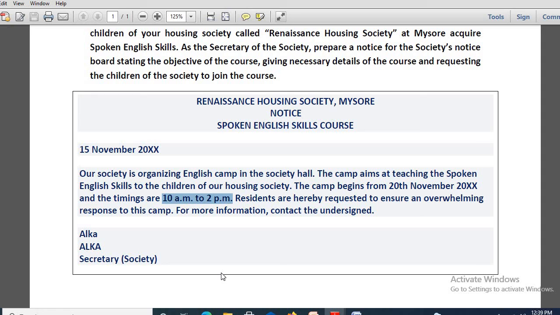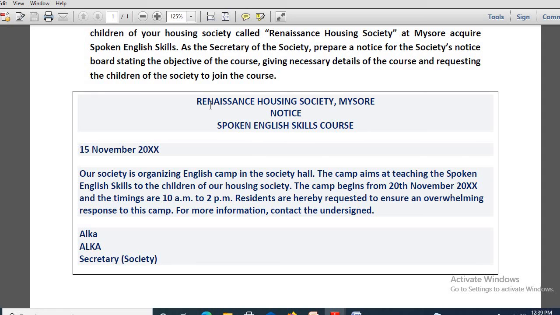Residents are hereby requested to ensure an overwhelming response to this camp, and for more information you have to contact the undersigned. And finally you have to write Alka, then secretary, then society. Society should be written within brackets. Okay, so in this way you have to do.